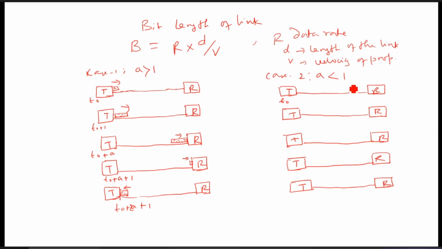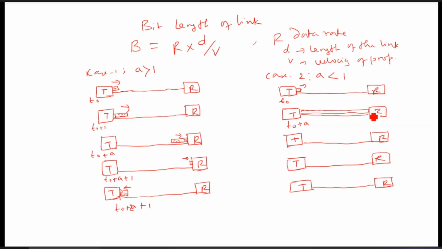In this case A is less than 1. At T0 it just starts transmission of the frame. Similarly, at T0 plus A, not T0 plus 1, the first bit of the frame will reach the receiving end, but the transmission will still not be complete.